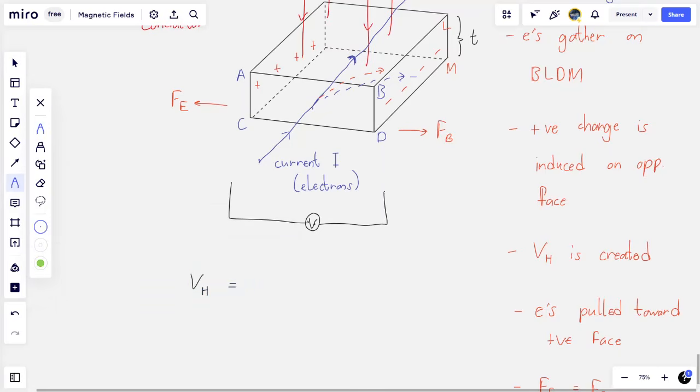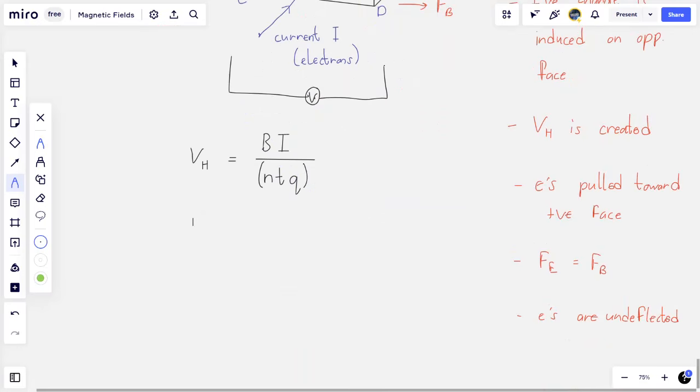The Hall voltage tells me that VH is B times I, the flux density times the current, over little n, which is the number density of charge carriers that depends on the material that you're using, times the thickness of the material, times the charge, which in this case is the charge of an electron. This is called the Hall voltage. So the Hall voltage is set up once the electric force is equal to the magnetic force.